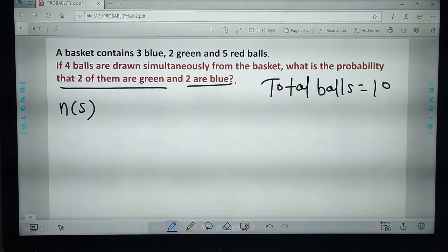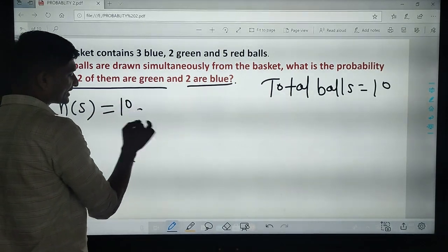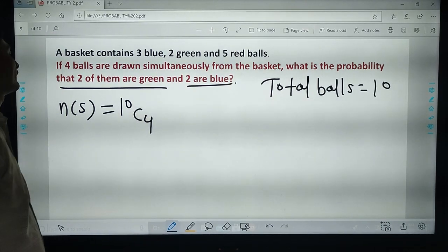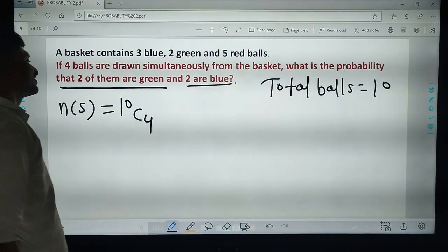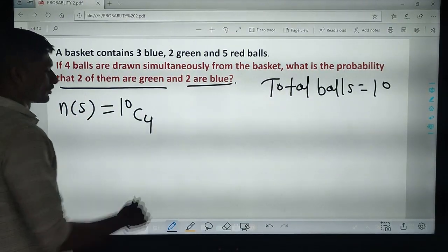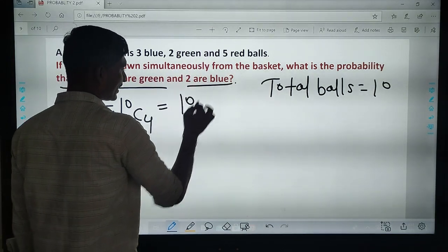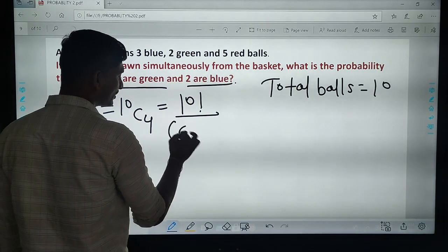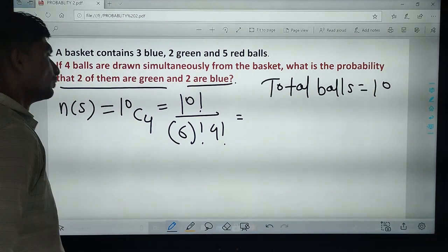Now here we draw 4 balls from 10 balls, so n of S is equal to 10C4. Now we calculate n of S: 10 factorial divided by (10 minus 4) factorial, 6 factorial into 4 factorial.